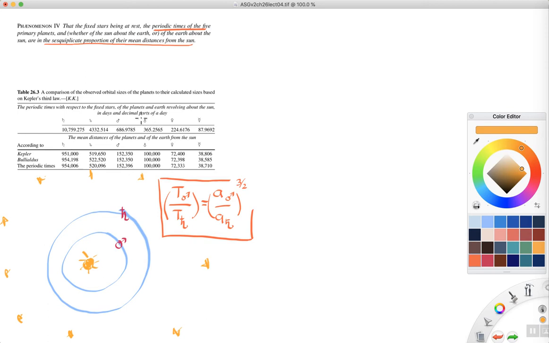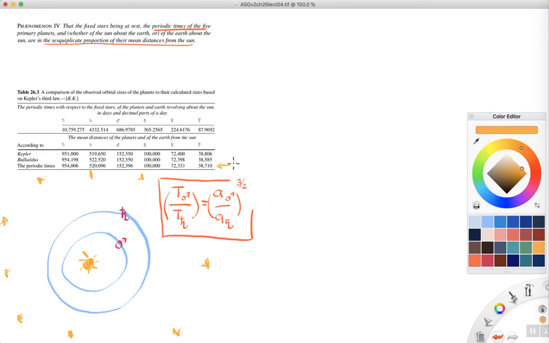What you could do is calculate the expected value using this formula of the distance from the sun of each of those planets. So we can calculate it using Kepler's law, the periodic times, as these ratios, to compute what the expected distance of Mars would be from the sun by using Kepler's third law.